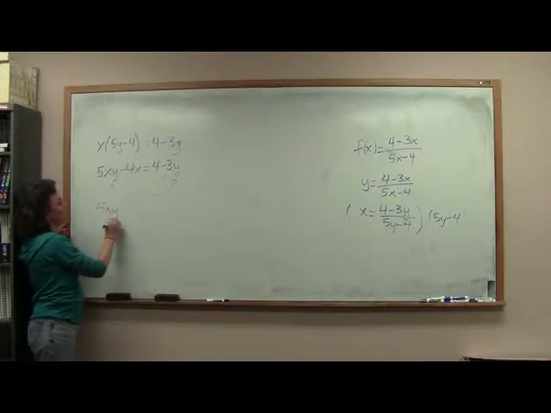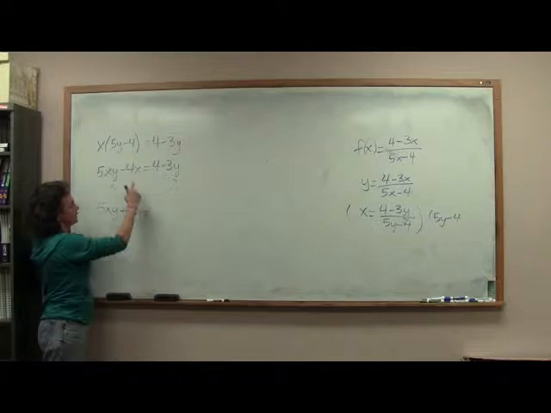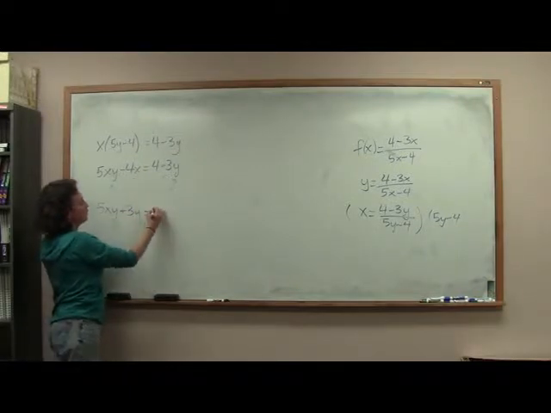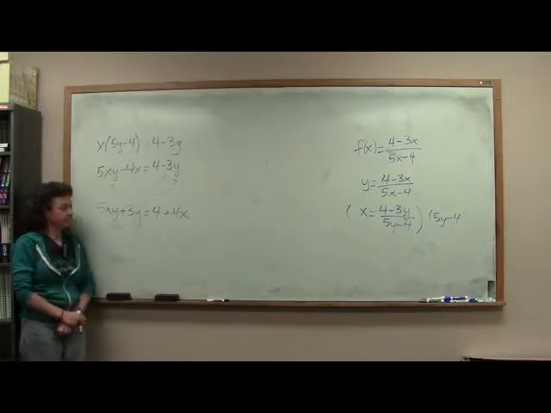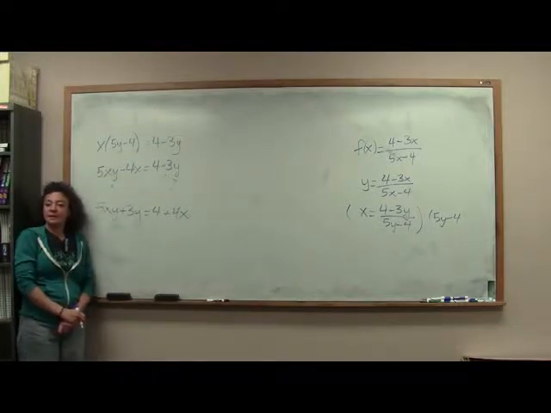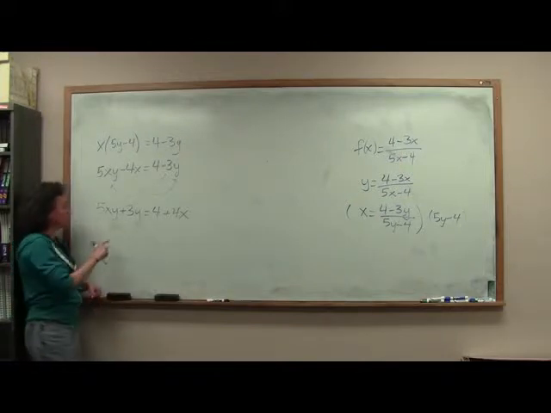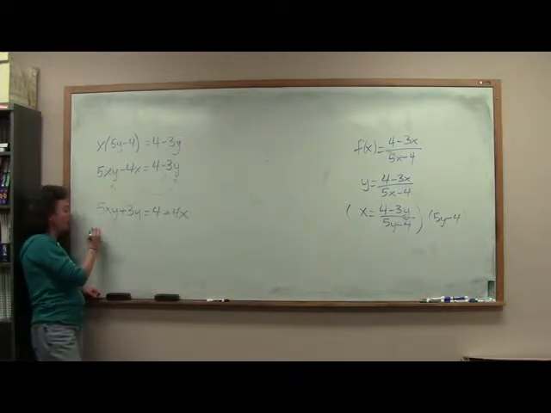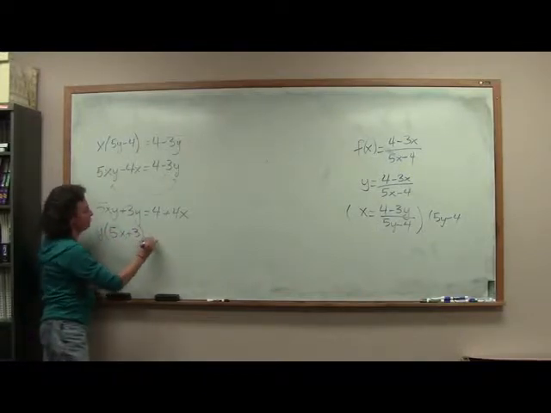If I do that, how do I move a negative 3y? I add it to both sides. How do I move a negative 4x? I add it to both sides. Okay, again, our goal is to have y equals. Can't I factor out a y? And I'm left with 5x plus 3.